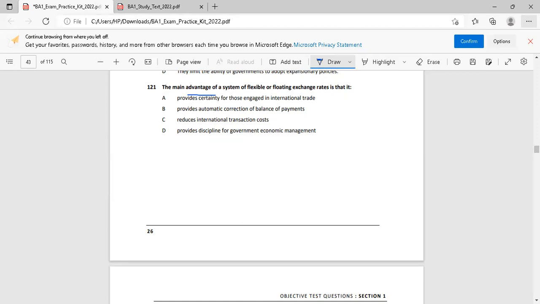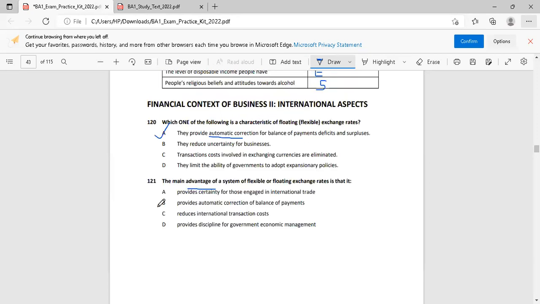What's the answer? Like in the previous question, it's the same answer. Automatic correction is possible. Automatic correction in balance of payments.